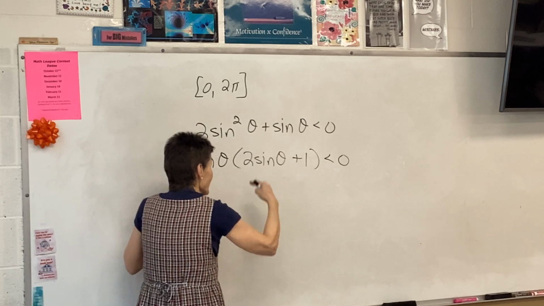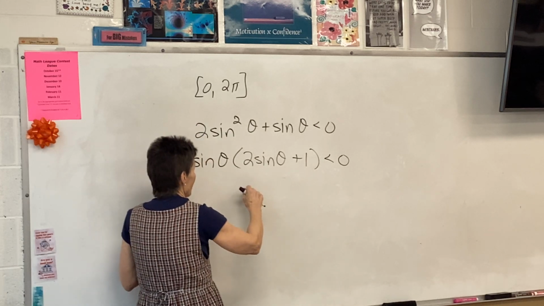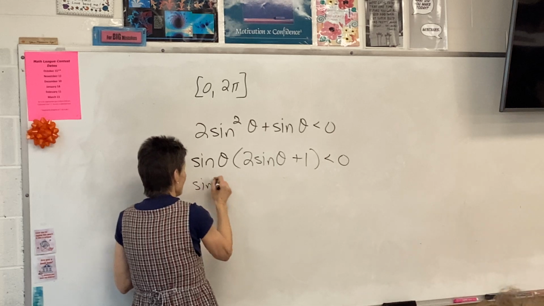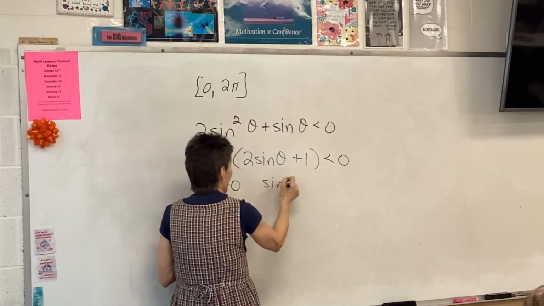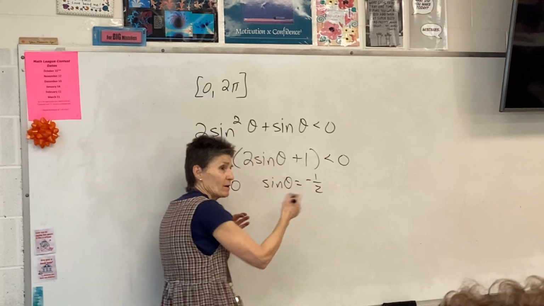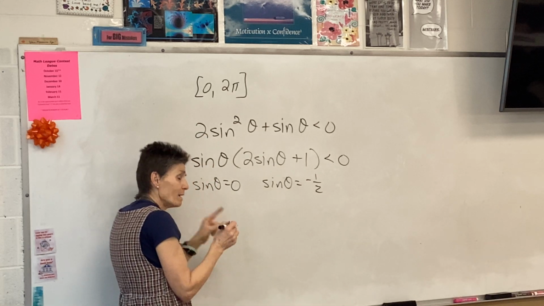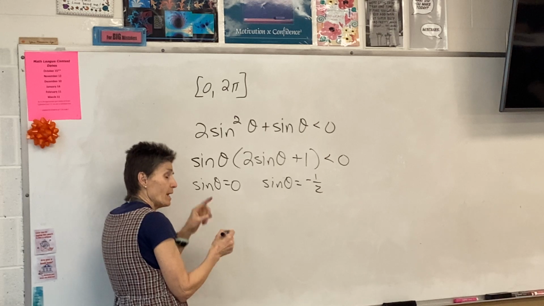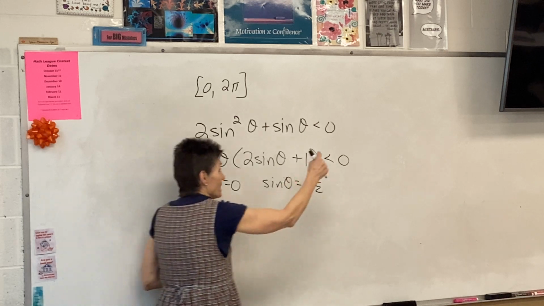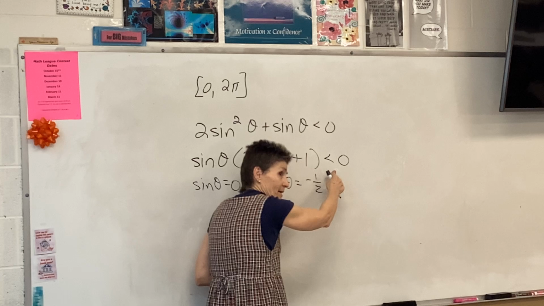So, my next step, well, I can go ahead and solve that. This is going to be sine equals 0, and this is going to be sine equals negative 1/2 if I go ahead and solve them. Now, one of them has to be positive, and one of them has to be negative in order for this to happen.